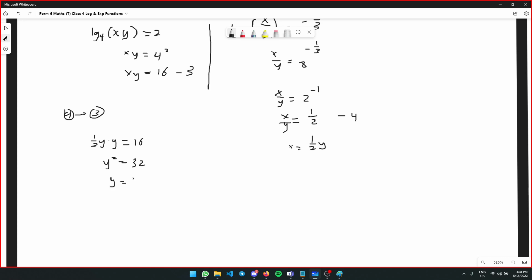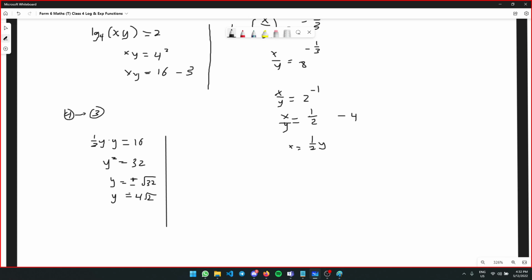So y equals either plus or minus, you don't know, so plus minus square root of 32. How much is the square root of 32? I think it should be 4 root 2. Yeah, 4 root 2, right. For this type of question, try to keep everything in surd form, because you might need to move these values a lot, and when you put it as a decimal, you might lose accuracy on the answers.